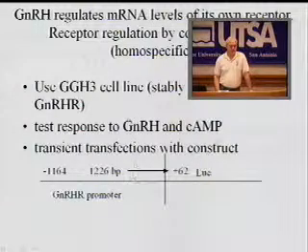We already know there's a CRE, so we expect the cyclic AMP to have an effect. But what we're asking is the homospecific regulation, receptor regulation through GnRH mediated through the cyclic AMP second messenger system.